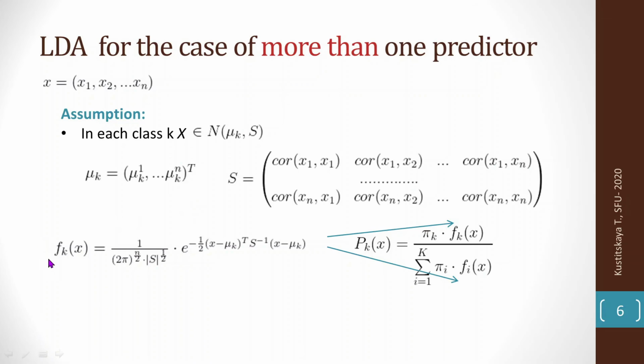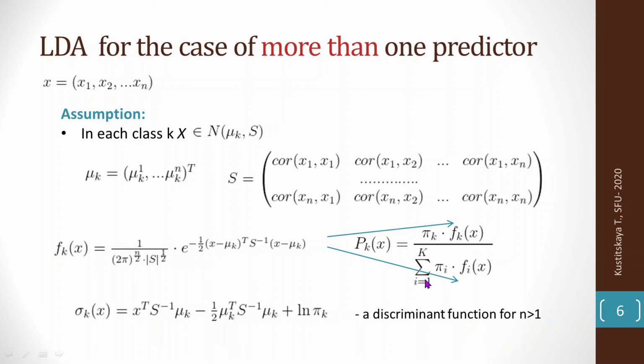We get such a density function for the kth class. Now we plug this density function instead of fk and fi in the Bayes formula. And after performing a little bit of algebra, similarly to the previous case, we get a formula for a discriminant function for a multidimensional case.